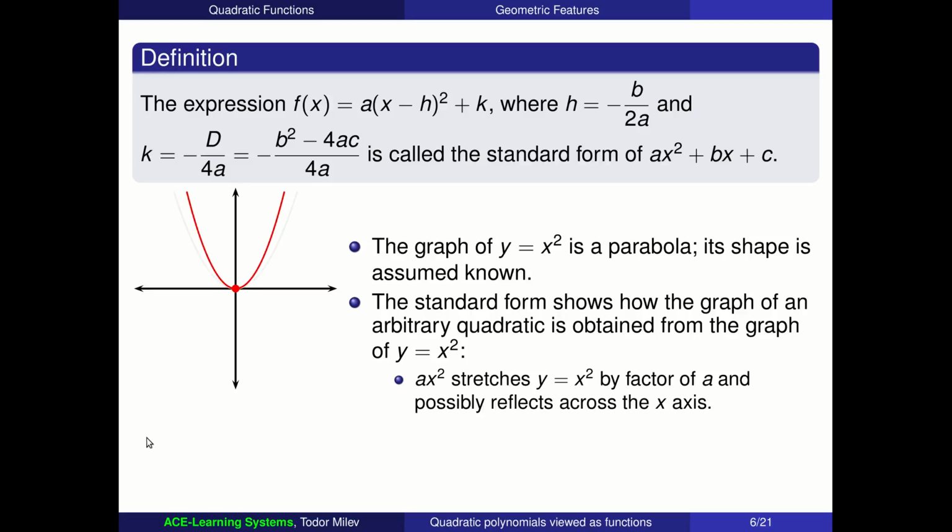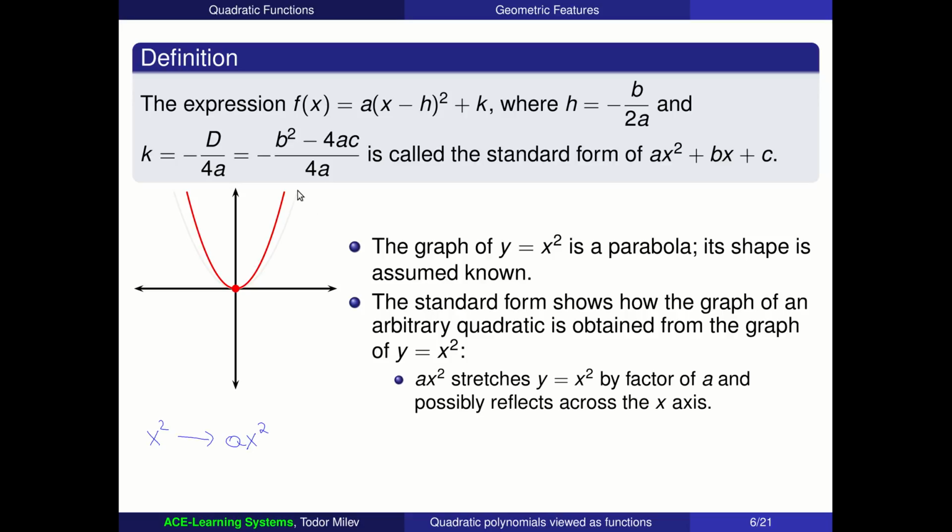First, we notice that if we want to get from x squared to the standard form of a times (x minus h) squared plus k, we need to take the function x squared and transform it to the function a times x squared.